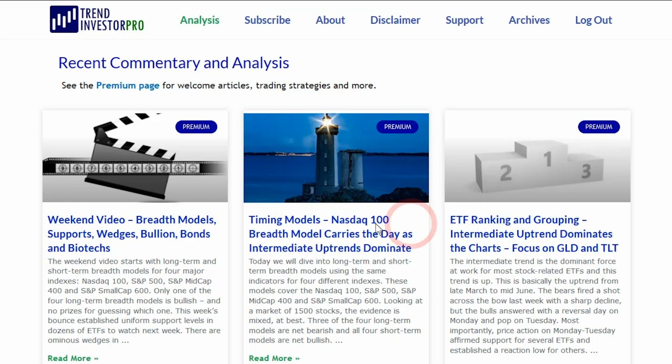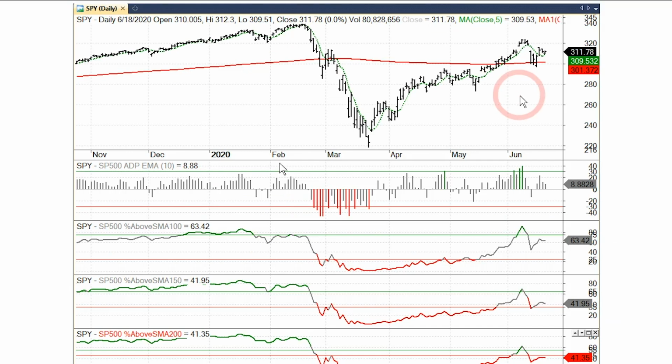So what I did on Friday was I put out some market timing models for the NASDAQ 100, the S&P 500, the S&P Mid-Cap 400, and the S&P Small Cap 600. And these are based on 5 breadth indicators. And this is a quantified model that has been back tested in AmiBroker.